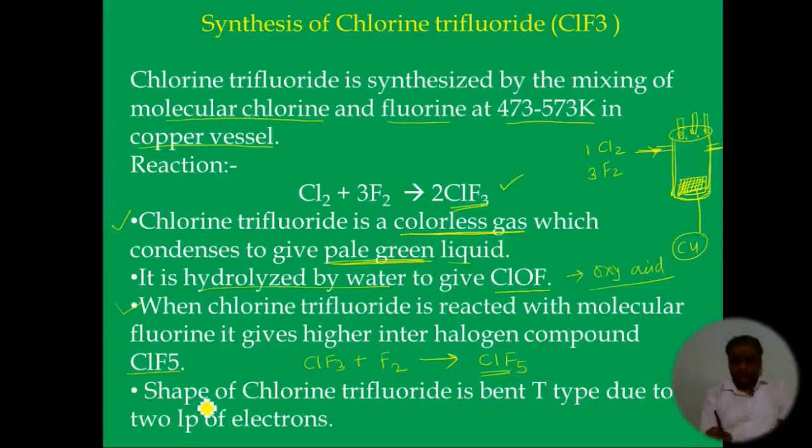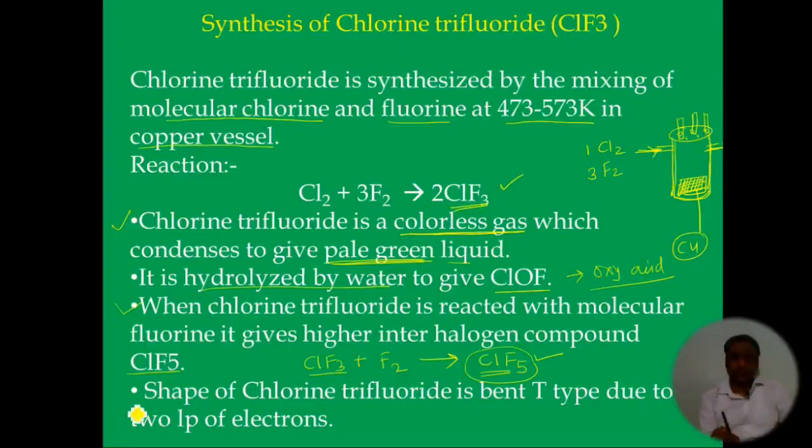This is another method to prepare chlorine pentafluoride using chlorine trifluoride. So you have to remember this also. This is a property of chlorine trifluoride, but it is also one of the methods of preparation of chlorine pentafluoride.